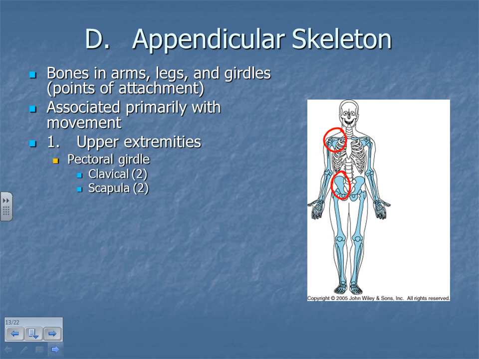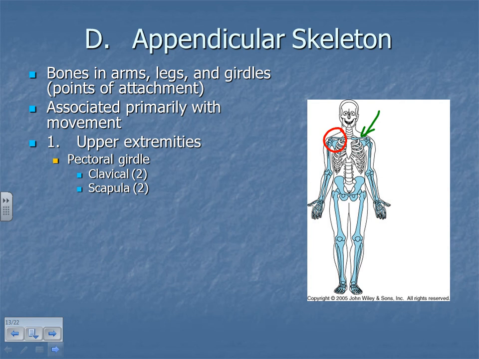The pectoral girdle is first. This is made up of 2 bones. And I'm putting the total number on the side because we're bilaterally symmetric. We're going to have one on one side, one on the other side. The first bone that we encounter is the clavicle, or otherwise known as your collarbone.